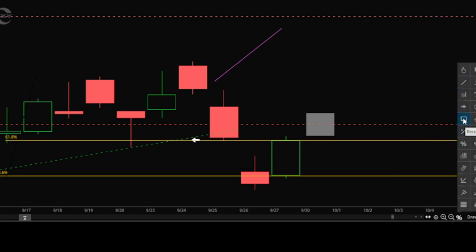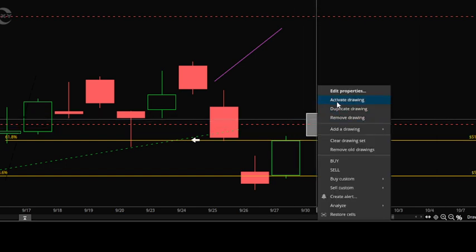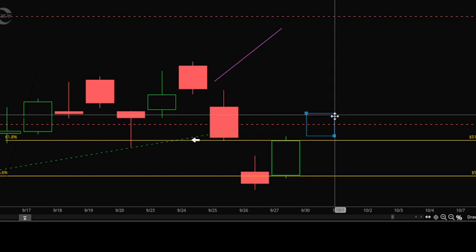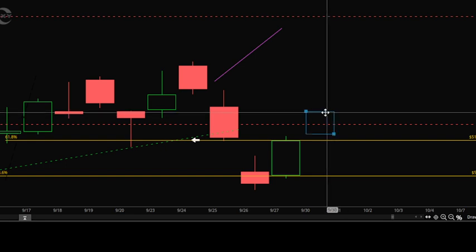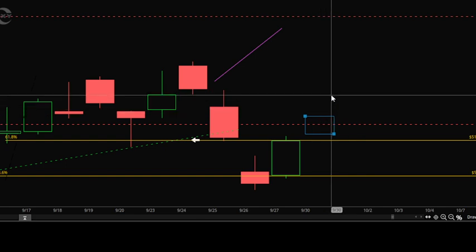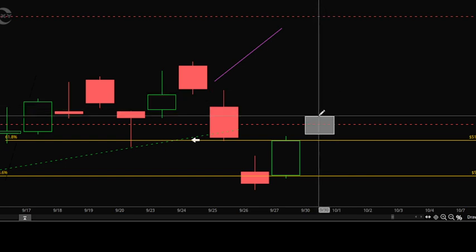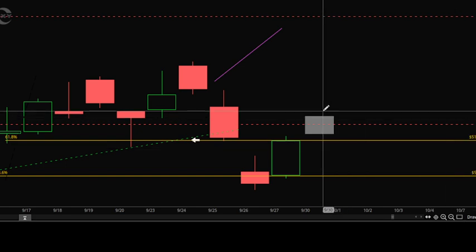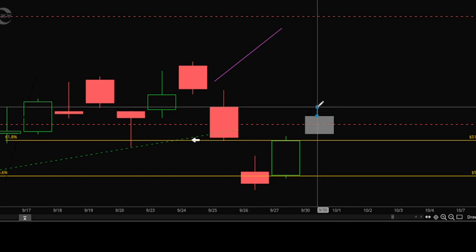So therefore, let's see here. Let me finish this up. Like so. And then the wick trying to get to the 61.8%.